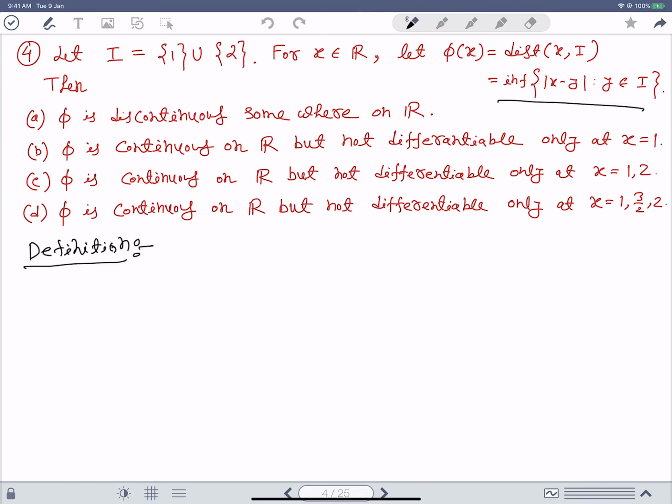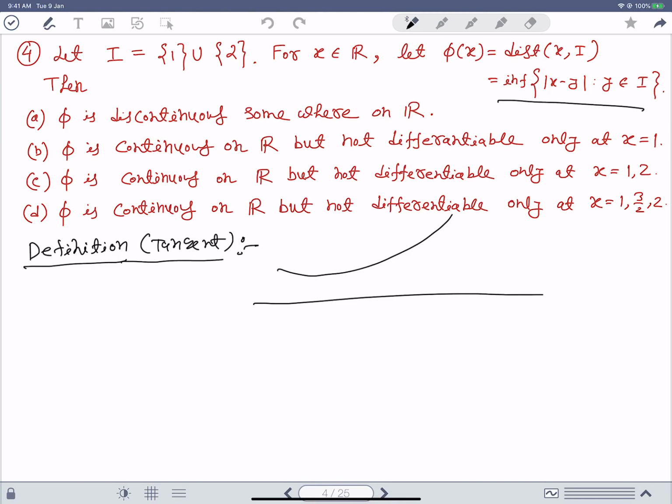Good. So, first of all, we can write the definition of tangent. I am not writing the proper definition, I am just giving you. Now, suppose you have a curve, any curve.